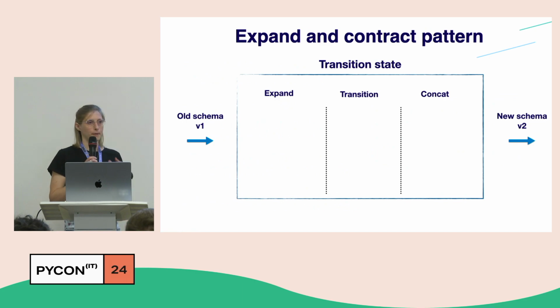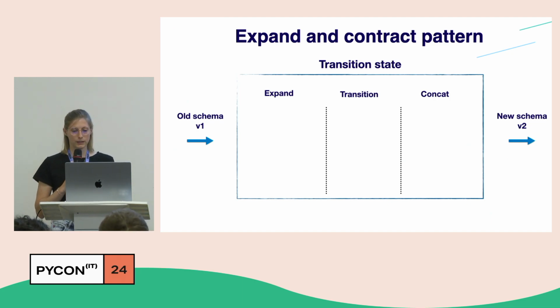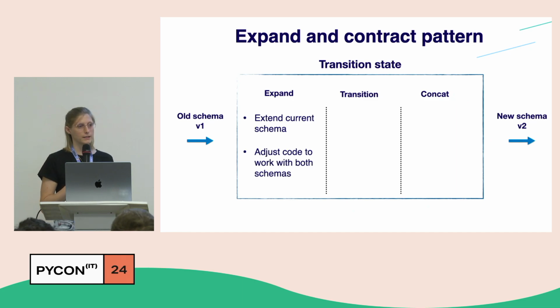Okay, so basically the solution is to ensure a transition state with the use of the expand and contract pattern, and it can be split into three phases. Firstly, in the expand phase, we need to extend the database schema and adjust the code to work with both database schemas, the new and the old one.